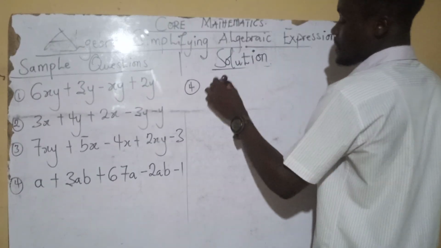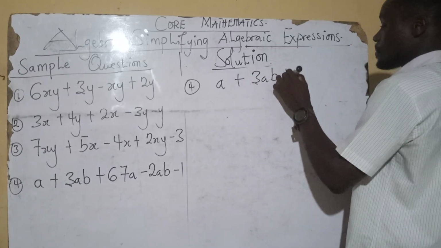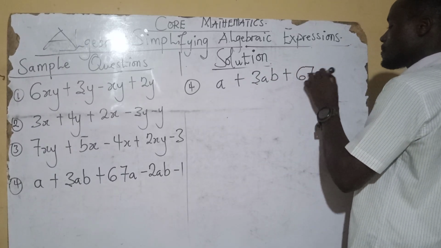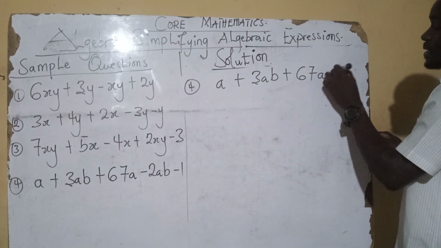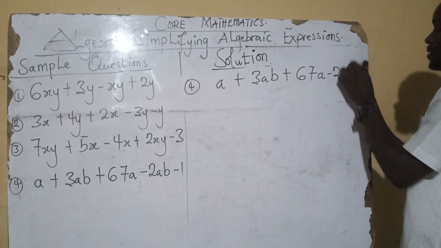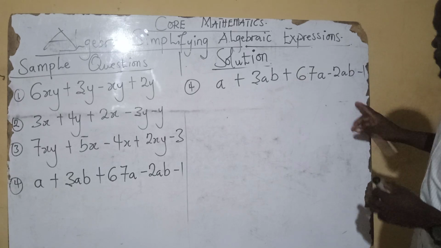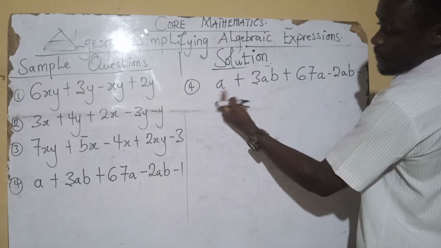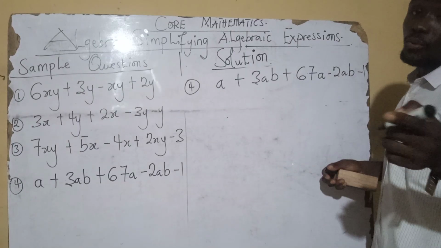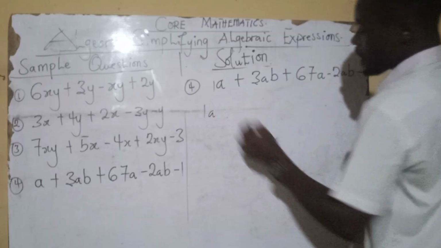So question number 4, I have a plus 3ab plus 67a. Then I have minus 2ab, and the last one, which is minus 1. Very good. So here we group like terms that we move on with. Remember, it is a variable standing on its own, so the coefficient is what? 1. So here becomes 1a there.